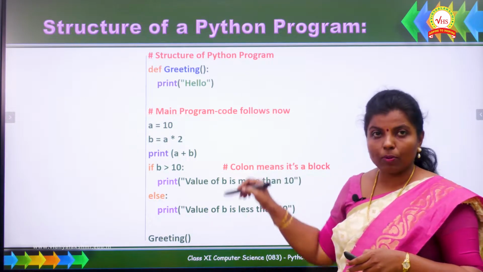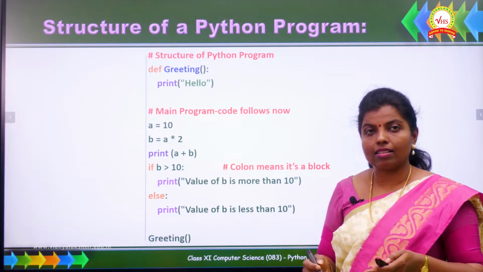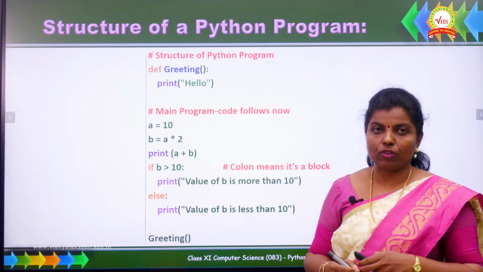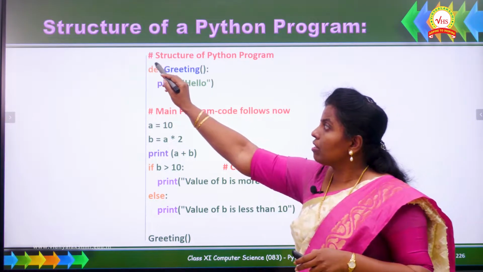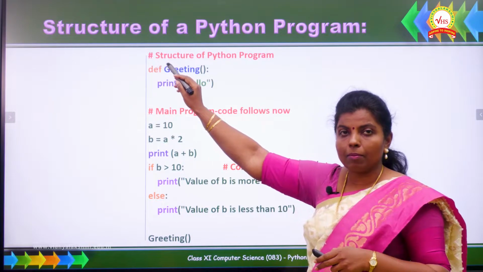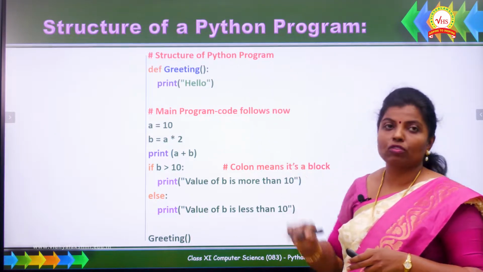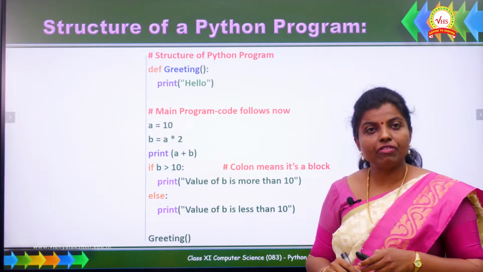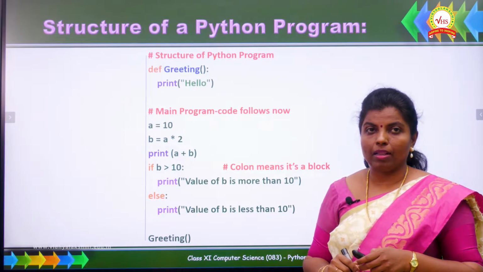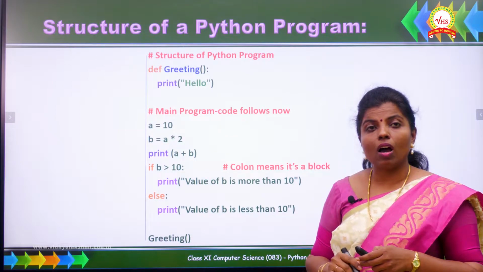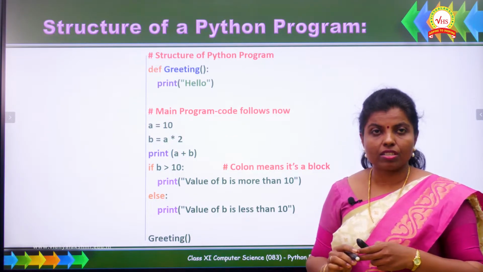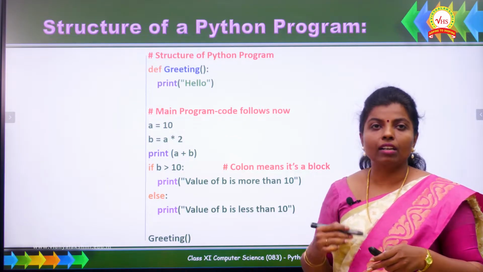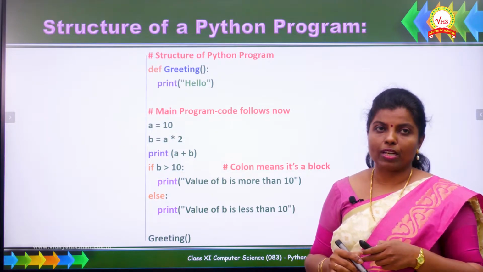Let us trace this program one by one and understand the structure of a Python code. Here the first line begins with the hash symbol followed by the text structure of a Python program. If a statement begins with a hash symbol, it is referred to as a comment statement. Comments are not programming instructions, but additional readable information given to the programmers.